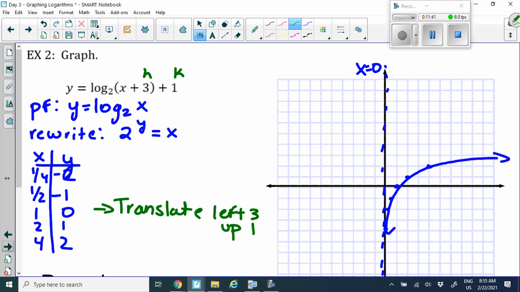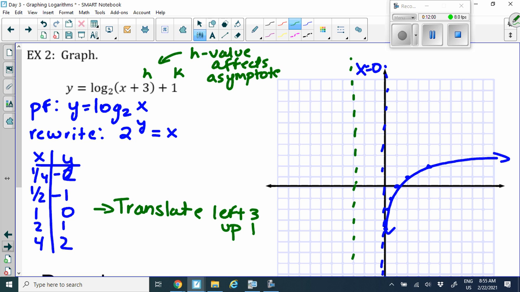Now, don't forget, the asymptote is affected by the h value. So that means we will have to move our asymptote to the left 3. So I'm going to do that first, just so I can plot my points correctly. And we need to rewrite that equation as x equals negative 3.